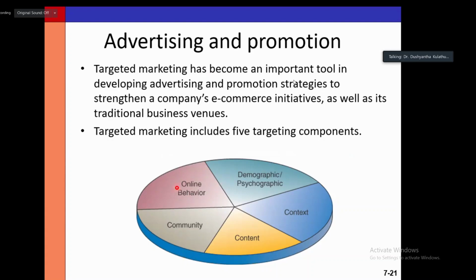Online behavior, demographic, psychographic, context, content, and community. So we will look at what we mean by these different components and how organizations can target customers utilizing these components. And again, depending on the organization, they may decide on 1, 2 or more components identified here in their targeted marketing.